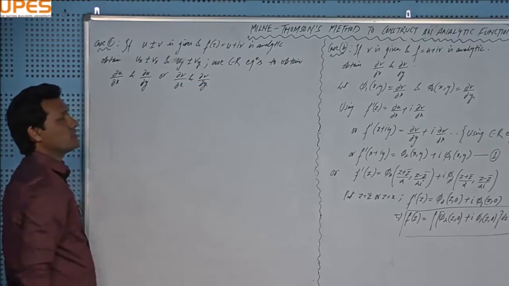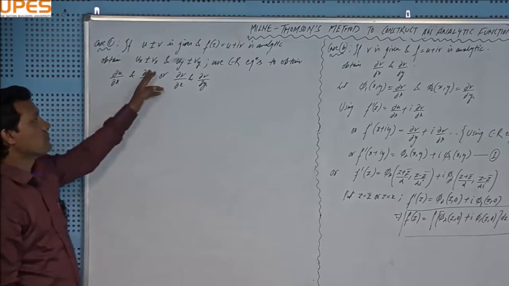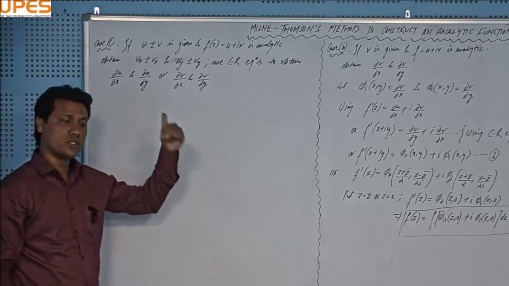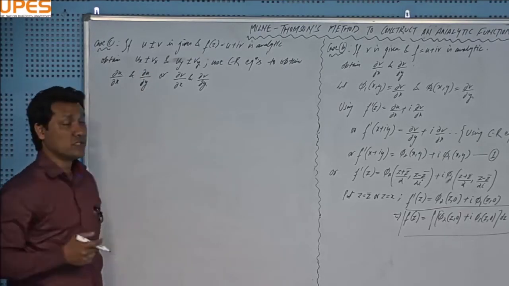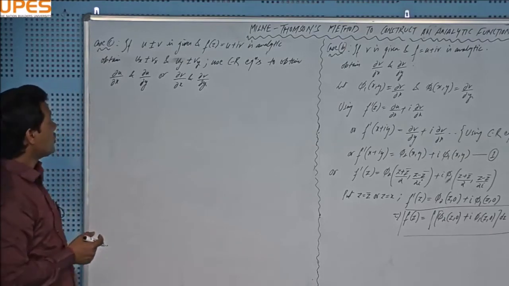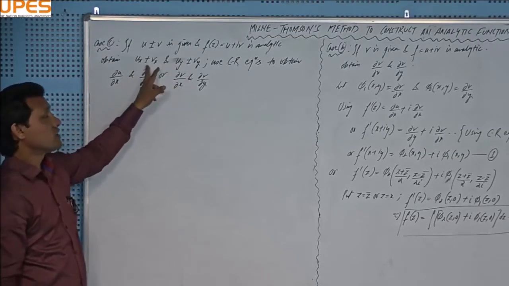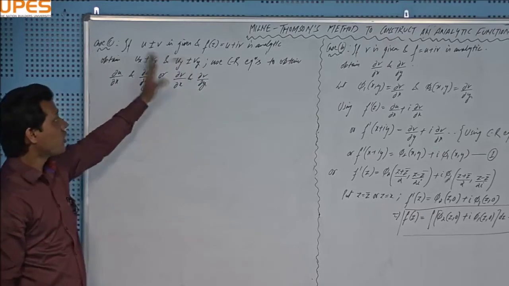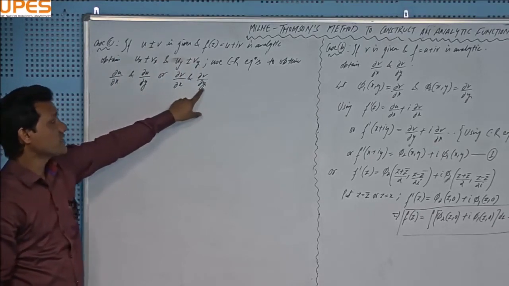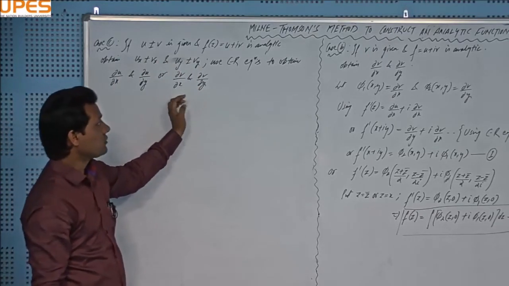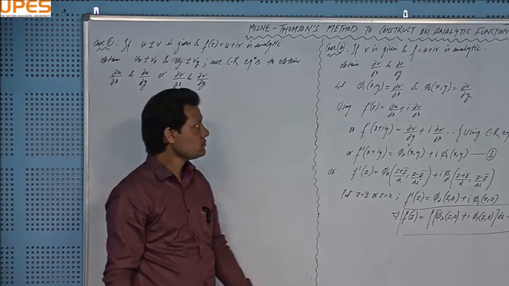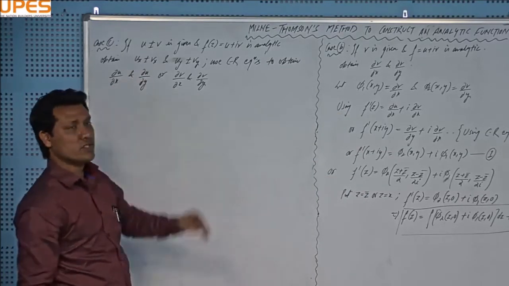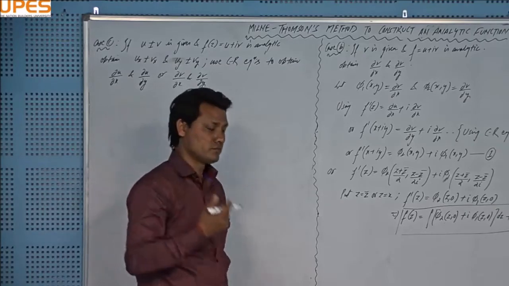You can choose either of these cases, whether you want the whole problem in terms of u, and then proceed accordingly as we did in case A, or you can convert these equations in terms of v, and then solve them to obtain del v by del x and del v by del y, and you will go to case B. So case number 3 is just a combination of case 1 and 2.